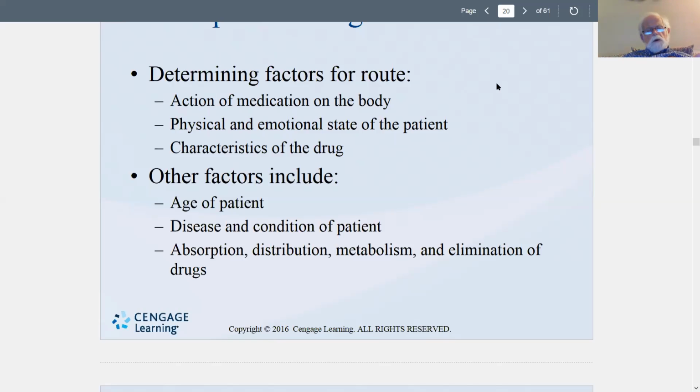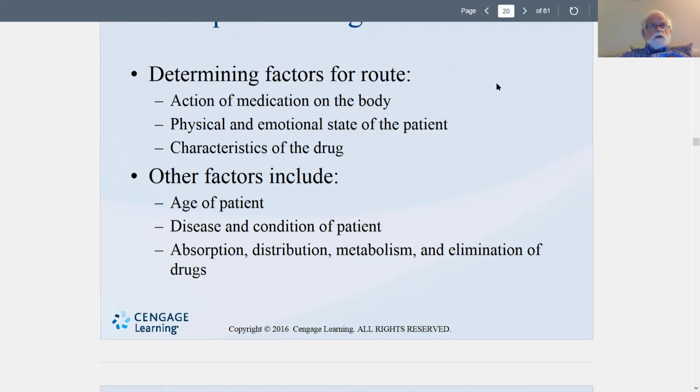So we know that we can get a lot of drugs into the body. A company actually invented an insulin dry powder inhaler, and I never saw it get to market. I don't know if it failed or what, but this was 35 years ago. So I would bet that it just failed. Characteristics of the drug.